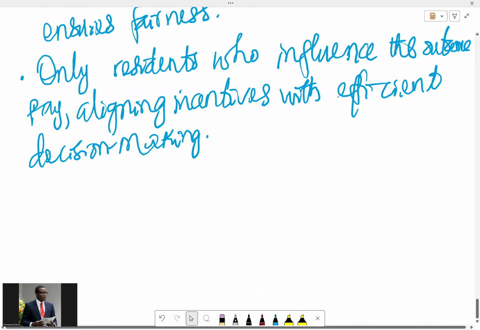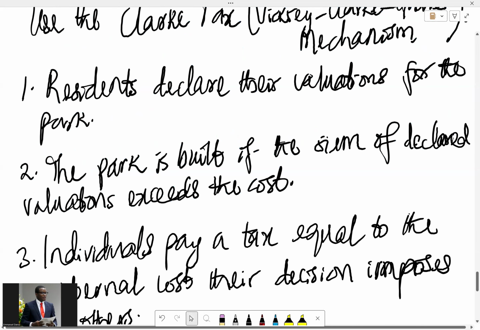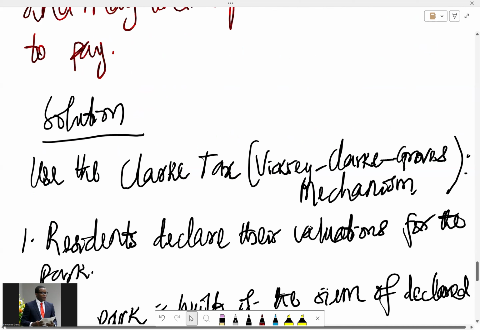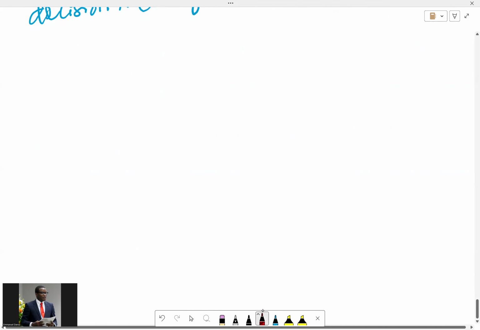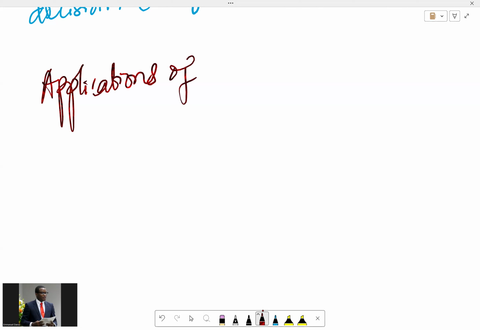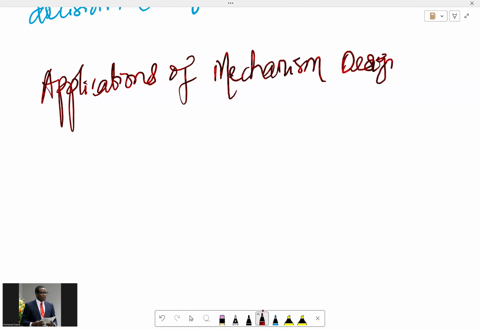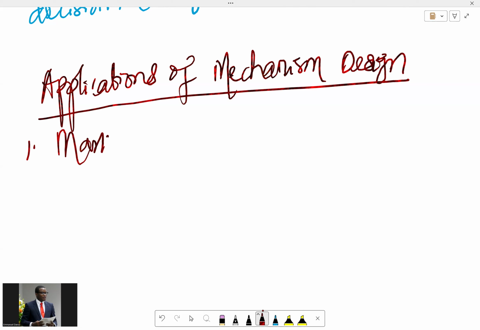Okay, so let's look at some applications of mechanism design. Of course, we have seen some applications already, right? So let's see a few more. Let's talk about marketplaces, for instance.